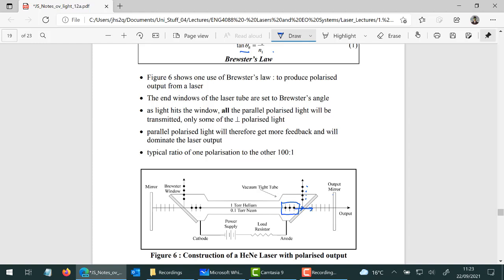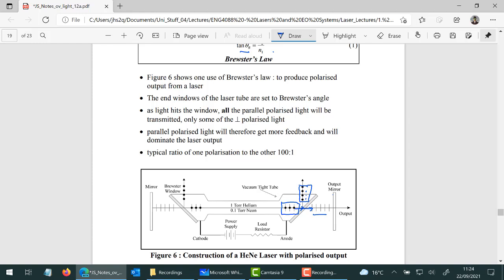Whereas the light which is travelling straight through, the light which is transmitted, will have both polarizations, but as a positive feedback loop, we've got lots of gain for the parallel polarization, but lots of loss for the perpendicular polarization.